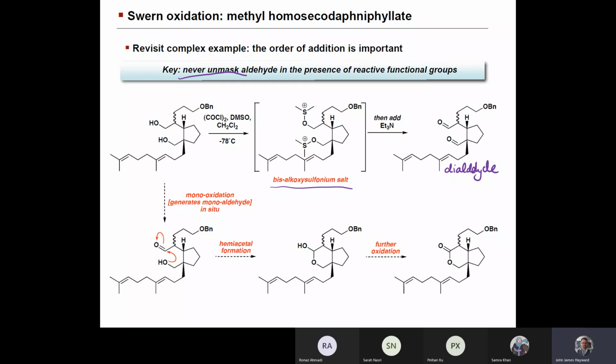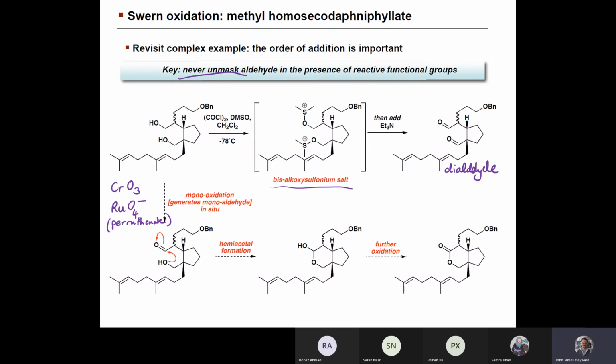If you were to use another method, such as chromium trioxide, or the best method, in actual fact, for doing this reaction, because sometimes you want to do this, is actually ruthenium 4 oxygen minus, which is referred to as perruthenate.